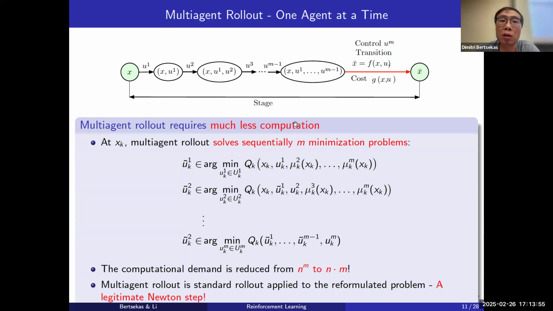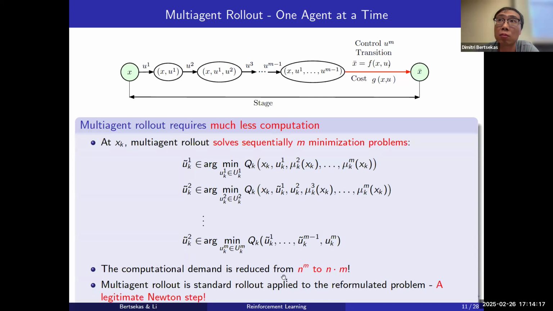But if you mean the original problem, then of course it's not standard rollout. Standard rollout considers all the combinations of all the control components simultaneously. In this case, we consider different control components sequentially.